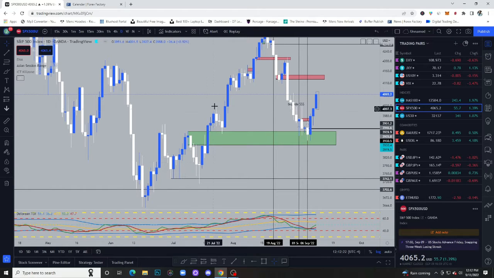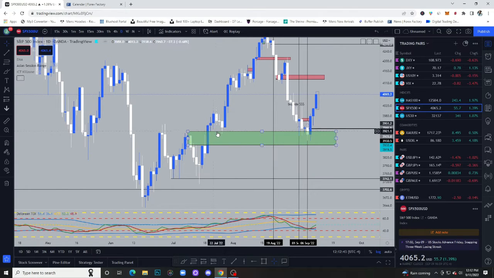So as you can see, price came up, came down, and retested this area a few months ago, actually in July. Since we're on the daily time frame, moves are gonna take a bit longer to form.